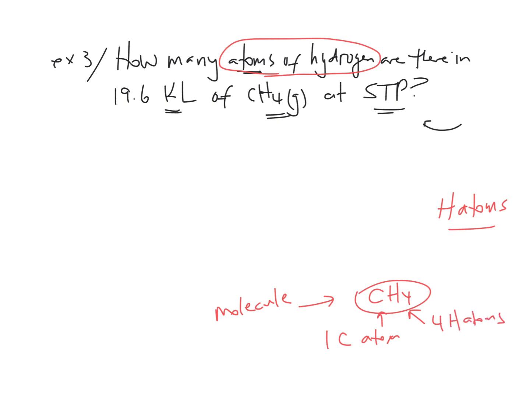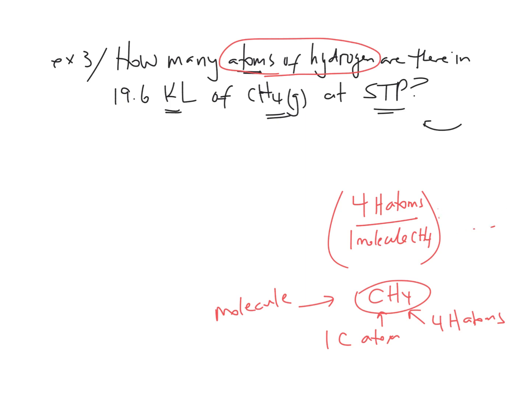So the first conversion factor that we're really going to need is the fact that there's 4 hydrogen atoms in every 1 molecule of methane. Okay, so that's going to be a really important conversion to use to get us to hydrogen atoms. I'm going to have to make a little bit more space over here in my picture.